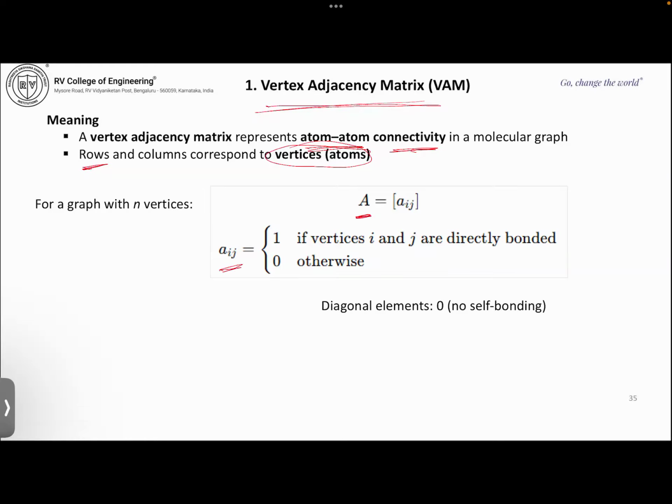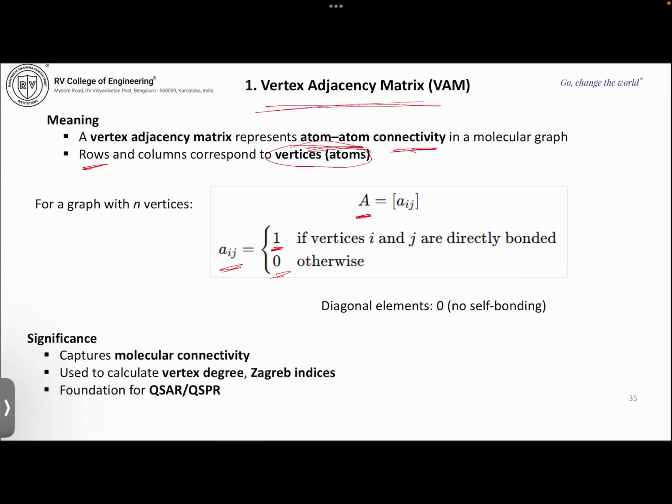Aij is equal to 1 if the vertices i and j are directly bonded. If they are not directly bonded, then it is 0. In this case, the diagonal elements will be 0 because there is no self-bonding.